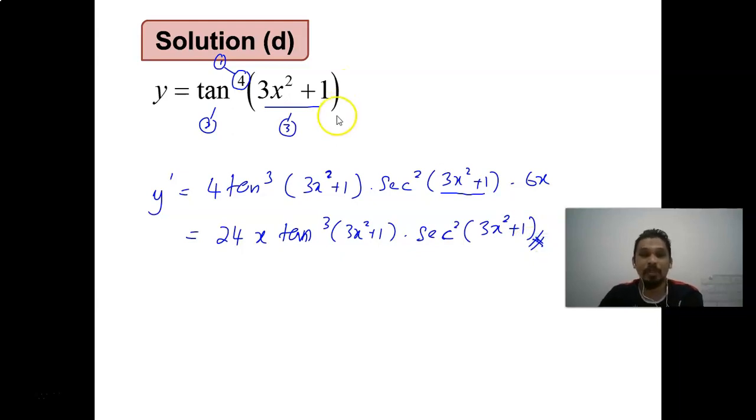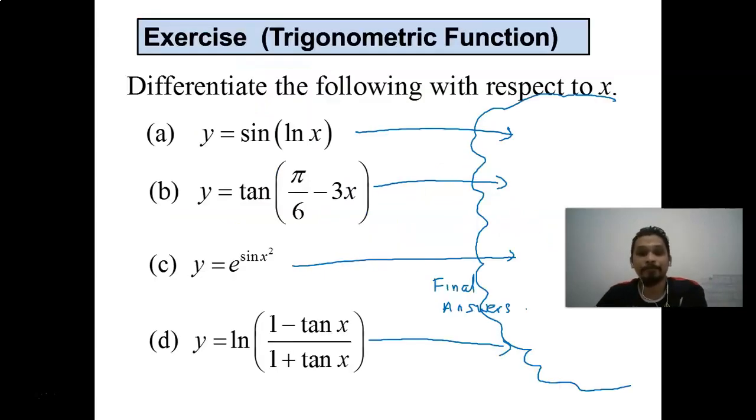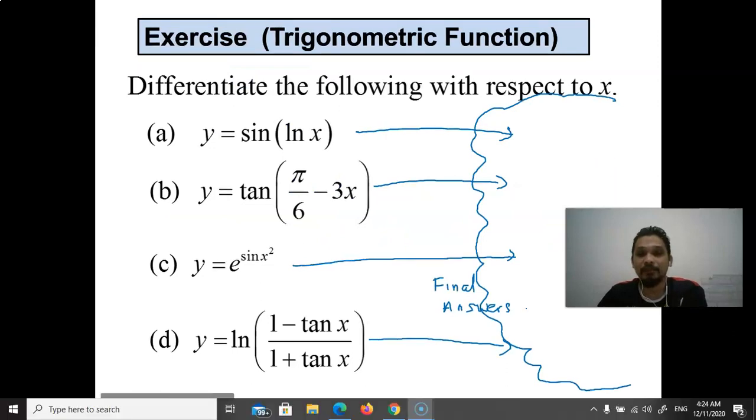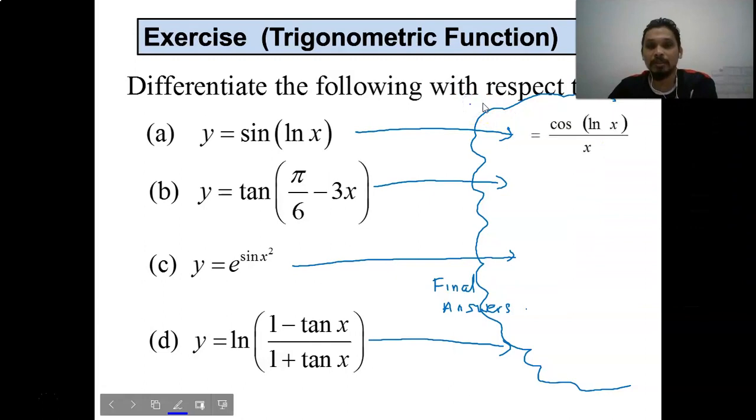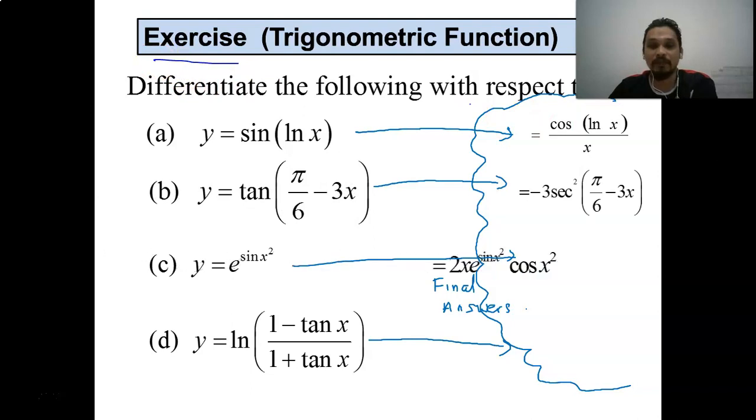So we differentiate the function one by one. Begin with the index of 4 and then the trigo function. Then next is the function inside the bracket, one by one. Okay, for this one here now, as an exercise here, differentiate and the final answer is given there.